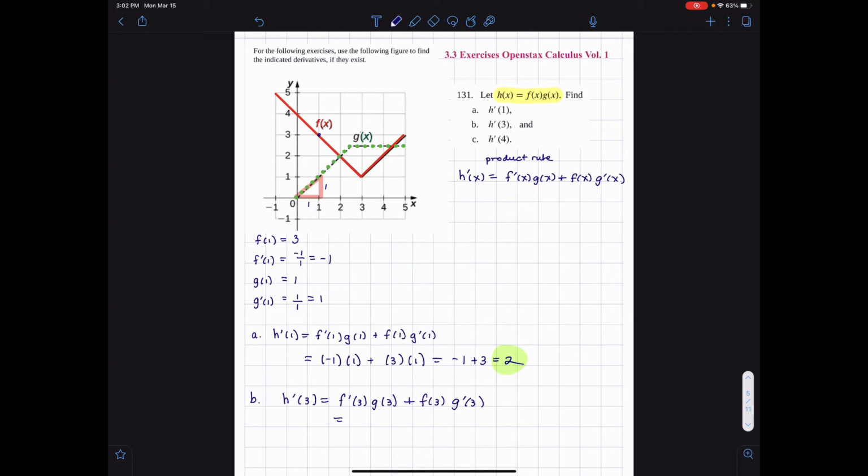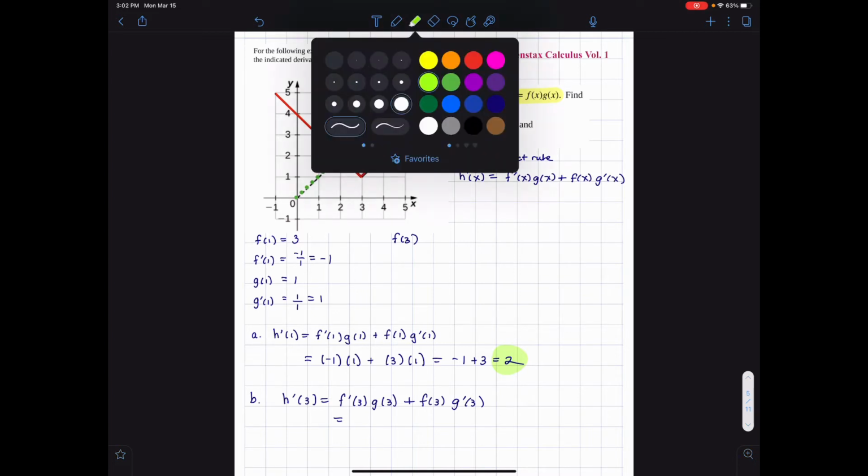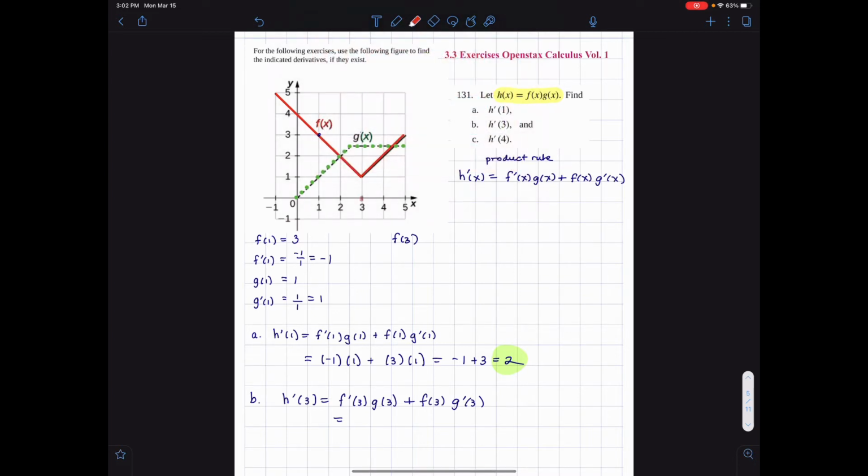So what's f of 3? Let's just go up here. f of 3 is equal to 1. But what about f prime of 3? f prime of 3 is undefined.